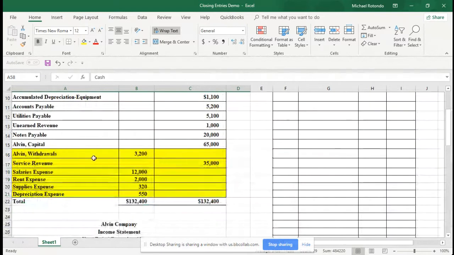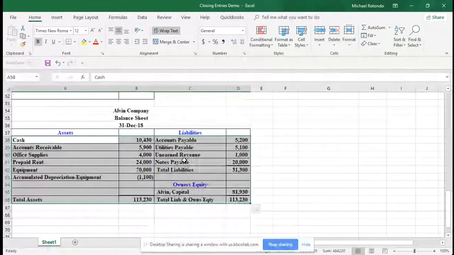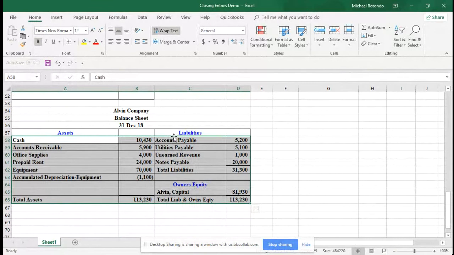However, the temporary account balances will be zero. So at the end of the period, after we make our journal entries, post them and close those accounts, a post-closing trial balance will be done with only the balance sheet accounts. It will just list them as debits and credits instead of in the form of the accounting equation.